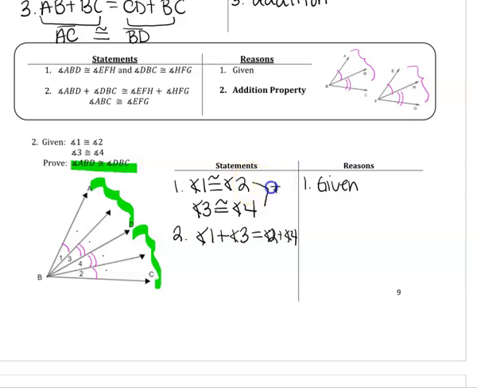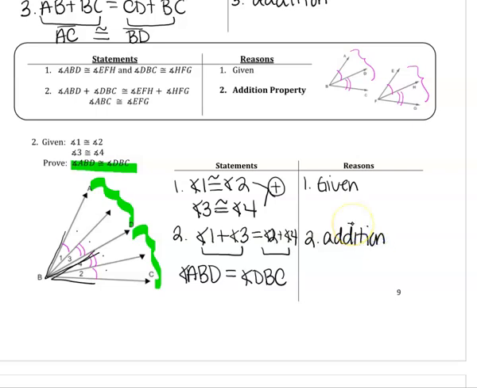So adding these equals together. Now another name for 1 plus 3 is this angle, ABD. And another name for 2 plus 4 is DBC. So angle DBC. That's what I was looking to prove.